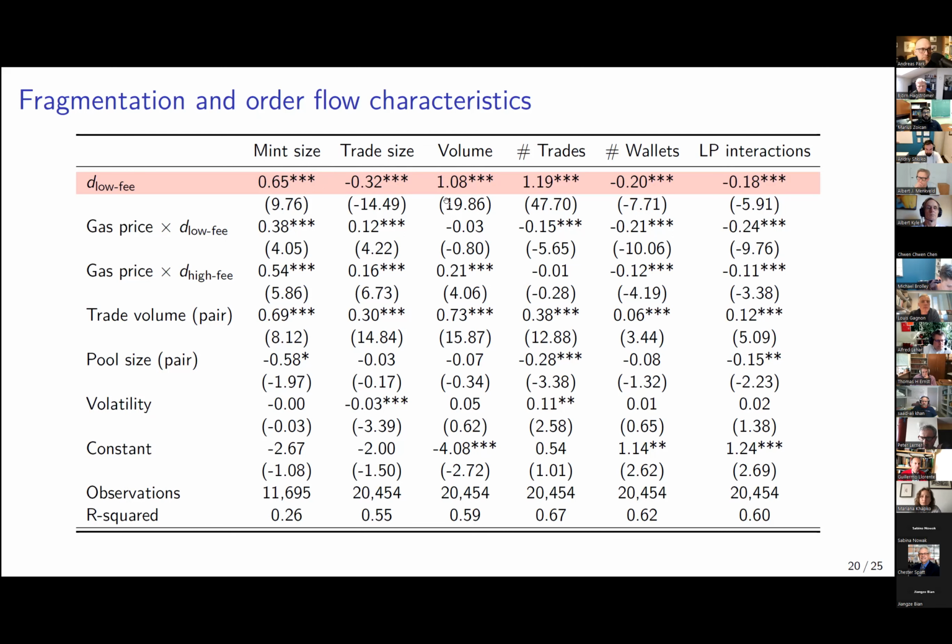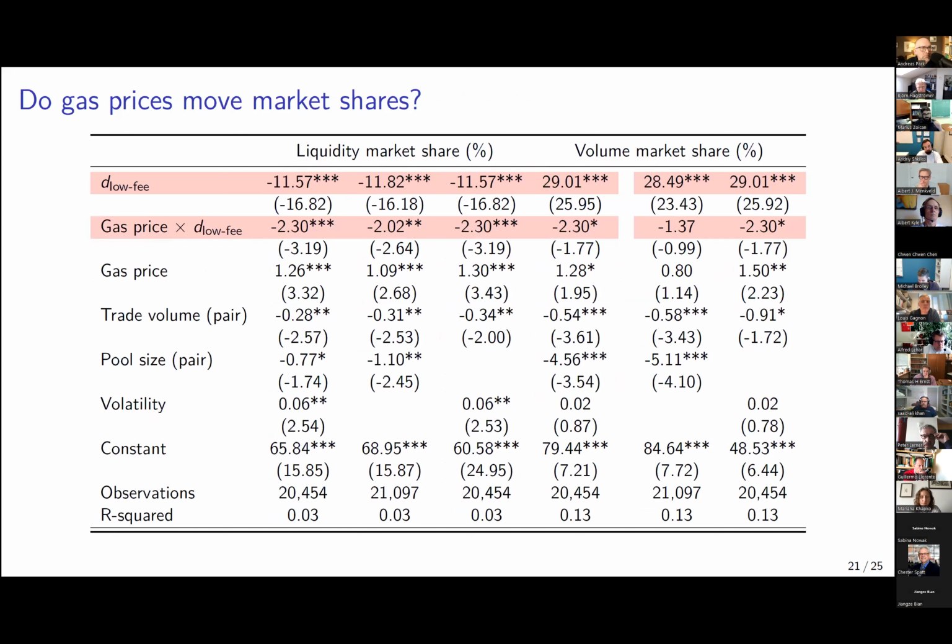On average, the low fee pools have twice the volume of the high fee pools. They execute many more trades, and they have fewer liquidity providers, to a range like 30% fewer liquidity providers on the low fee pool. So that's all consistent with the model.